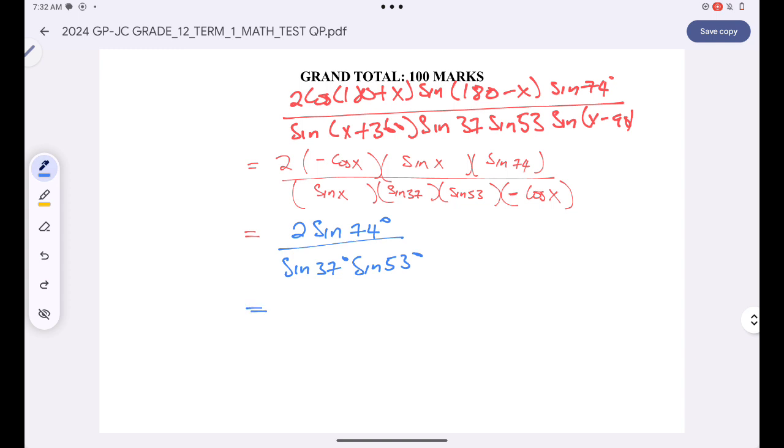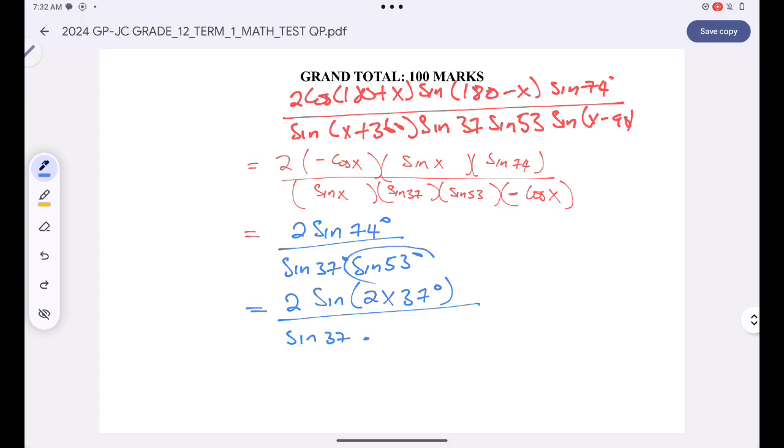What can we do? This 2 sine 74 degrees can be written as 2 times sine 2 times 37 degrees. Are you together? I still have sine 37 at the bottom.